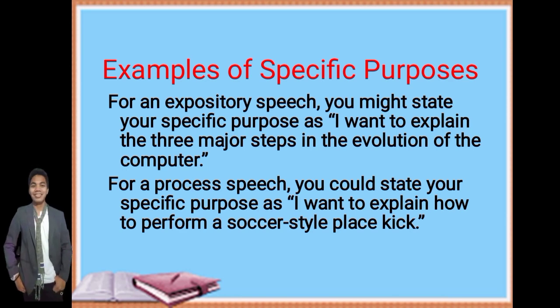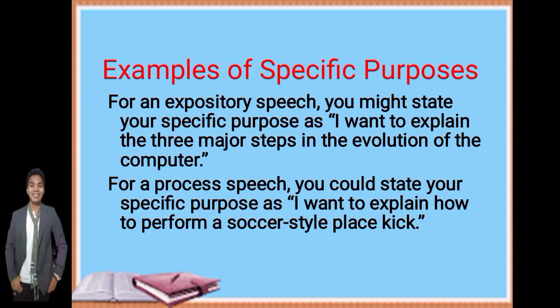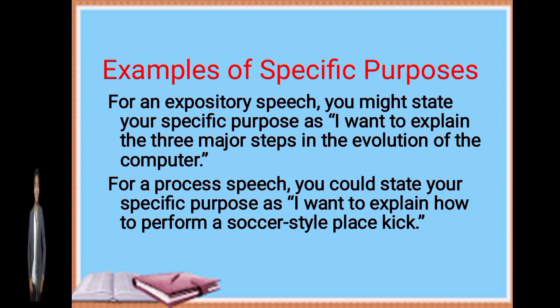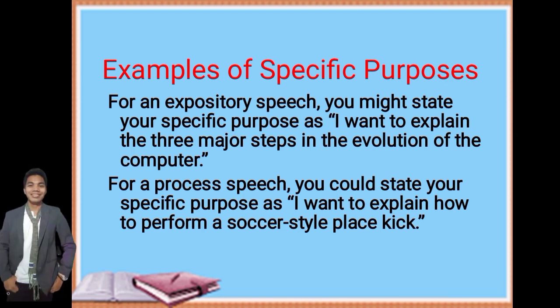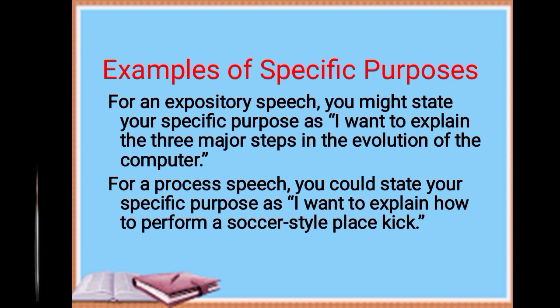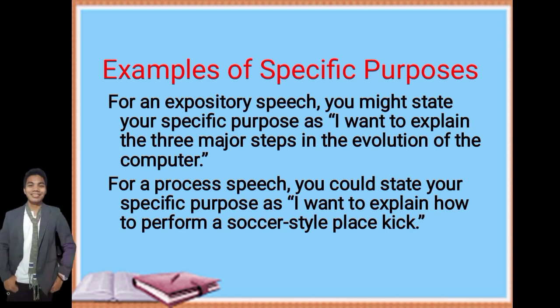Next, we also have the process speech, where you could state your specific purpose like this: I want to explain how to perform a soccer style place kick. So you are trying to specify how you are going to perform a soccer style kick.